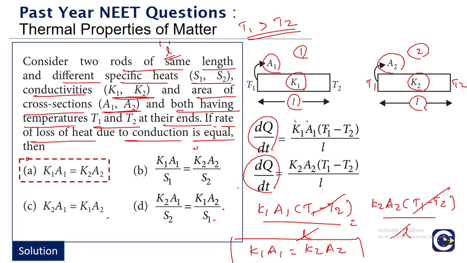We can see something interesting. Though they have given us the specific heats, they are not coming into the picture. Specific heat is related to the material absorbing heat, but here, since we are only talking about conduction, the S1, S2 values will not even come into the picture. That is the kind of information they give to mislead.